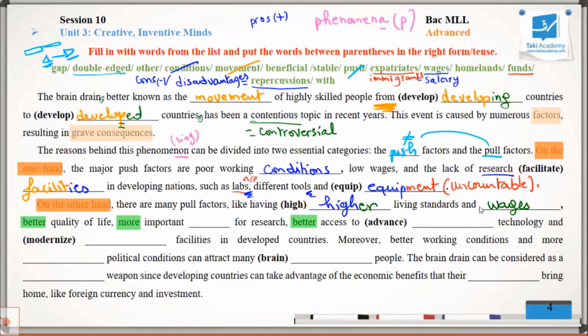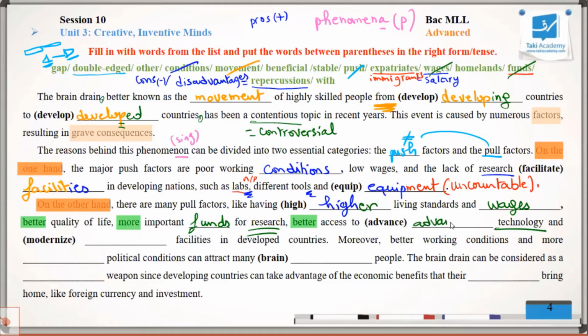Better quality of life, more important for research. For doctors, for example, to conduct research, they need money. Yes, so then we talk about funds. Better access to advanced technology, that's a noun.